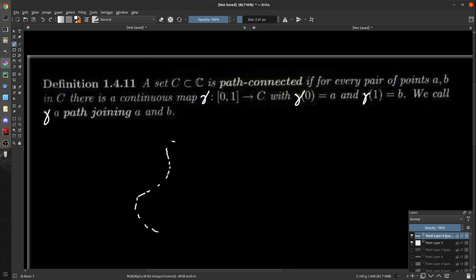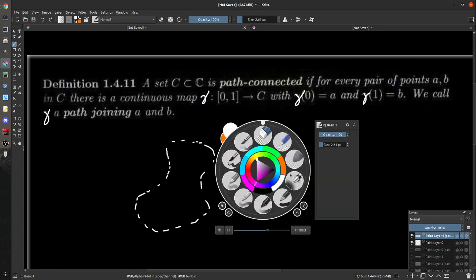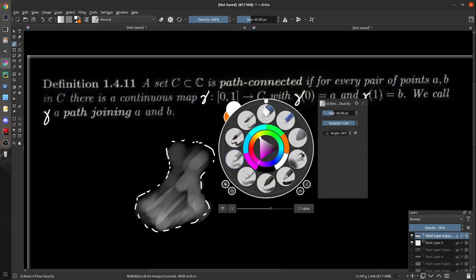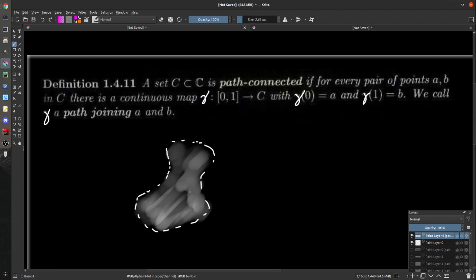Here I've got some weird blob of points, and I've got some A and some B. Then what we're doing is finding a continuous function that goes from A to B. So A is equal to gamma of 0, B is equal to gamma of 1, and this little guy right here is the graph of gamma, that is, gamma of the whole interval from 0 to 1.